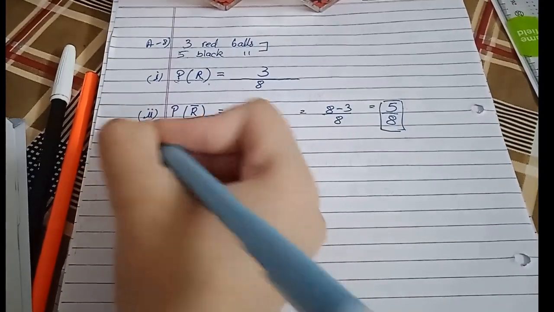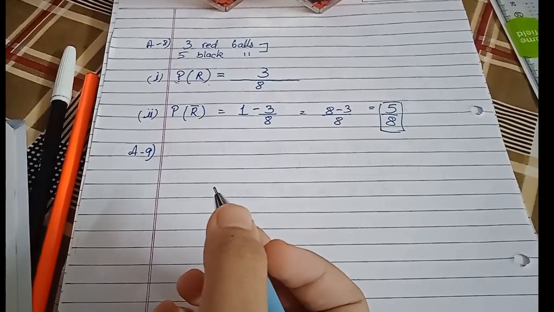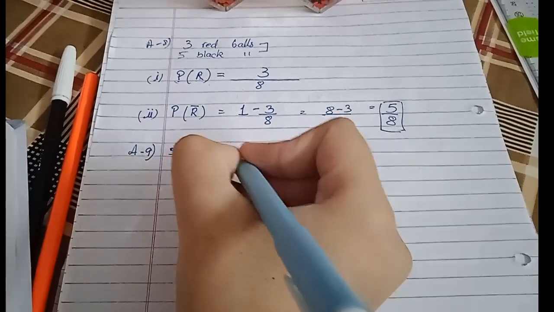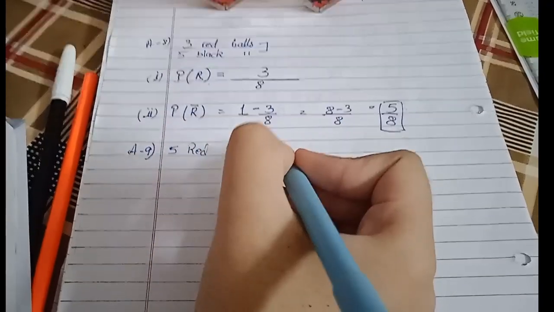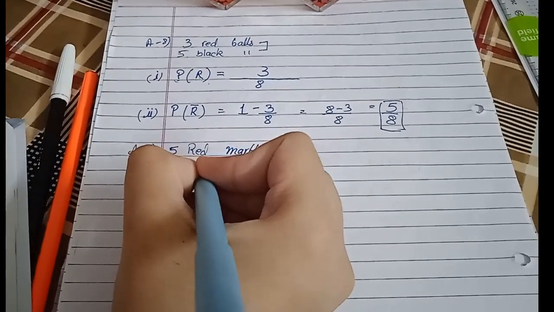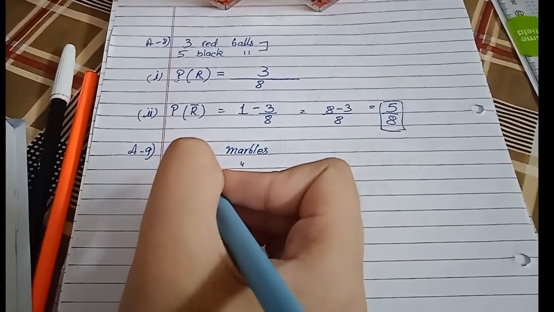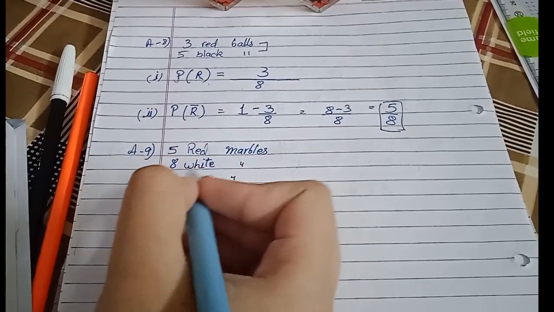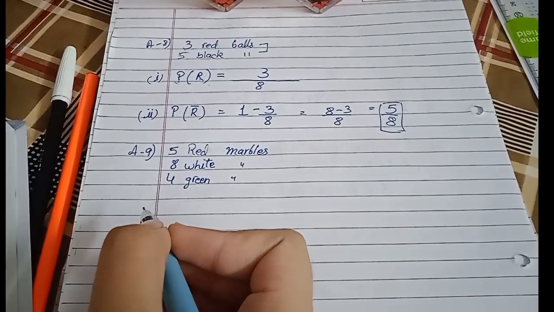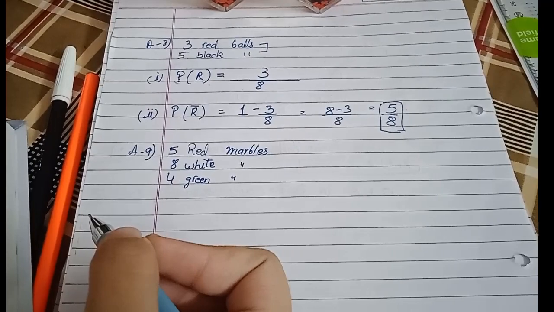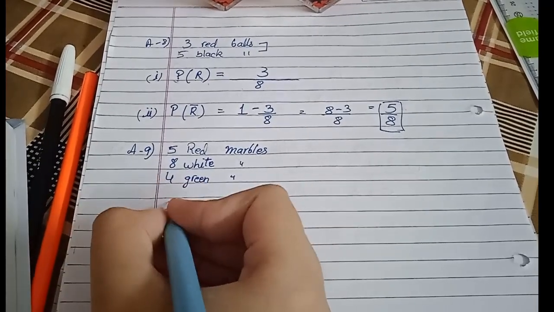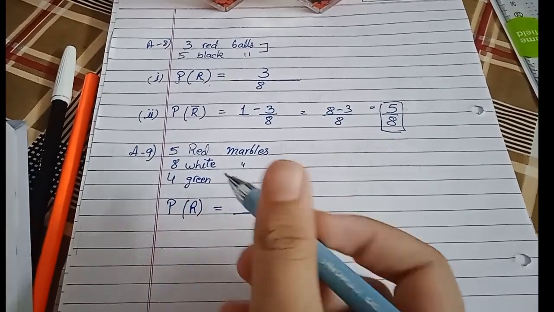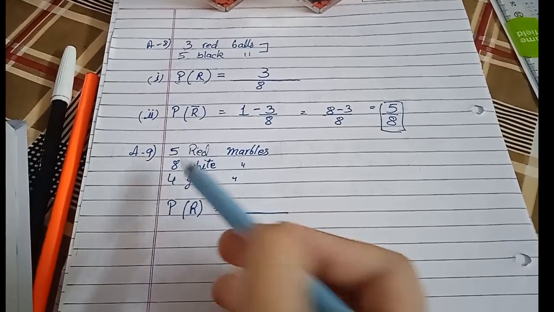Now question 9. The question says a box contains 5 red marbles, 8 white marbles, 4 green marbles. One marble is taken out of the box at random. What is the probability that the marble taken out will be red? So probability of red is equal to, again, the total number of outcomes, that is 8 plus 5, 13, 17, right?